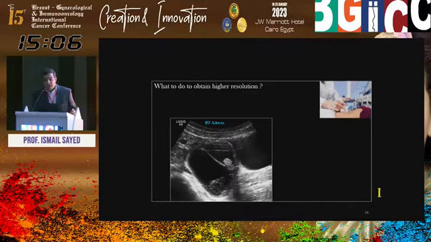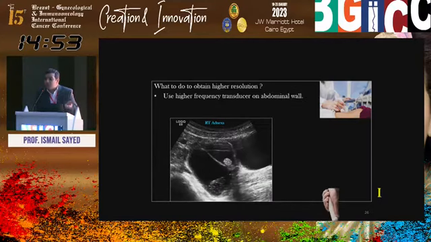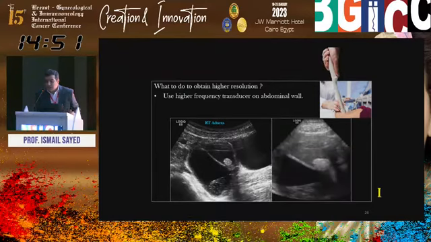dermoid, okay? What to do to enhance the resolution? I cannot perform a transvaginal ultrasound. I will use the transvaginal probe or transducer on the abdominal wall because it's higher frequency transducer. Now, it's a clear low level internal echoes.